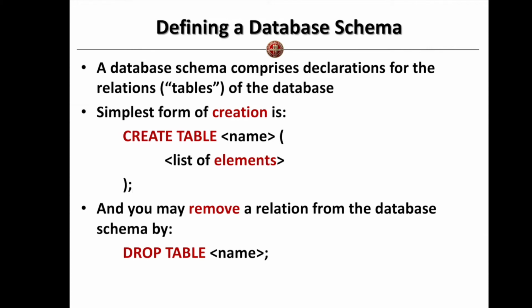In this way, we can create a relation or a table in our database systems. In this table, we have a table name as well as a bunch of attributes of the table. This is how we can declare or create a table with SQL in our database systems.